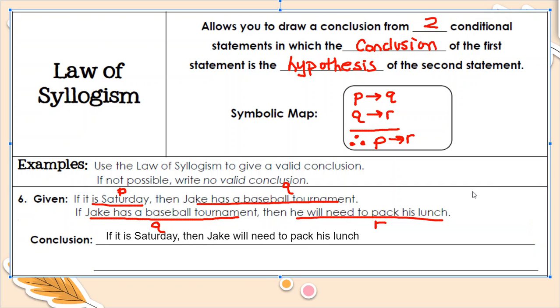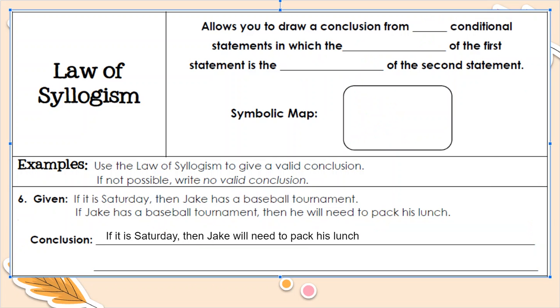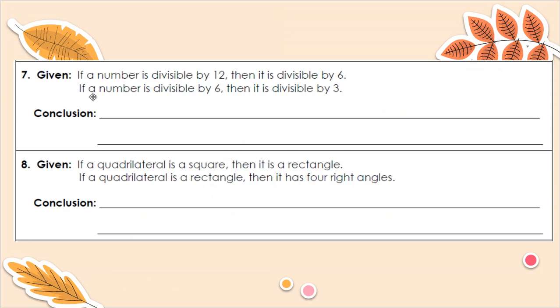Okay, let's try another one. All right, so for this one, we have if a number is divisible by 12, then it's divisible by 6. So if P, then Q, divisible by 6. If a number is divisible by 6, so same as our Q, then it's divisible by 3, new statement, so an R. We do have if P, then Q, and Q does repeat as the hypothesis here.